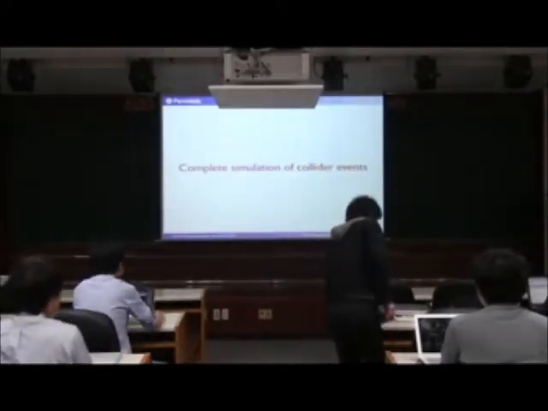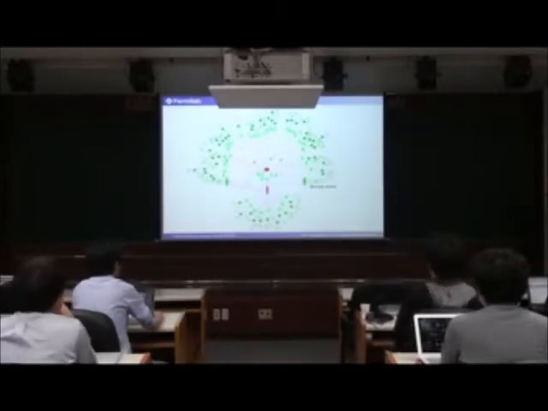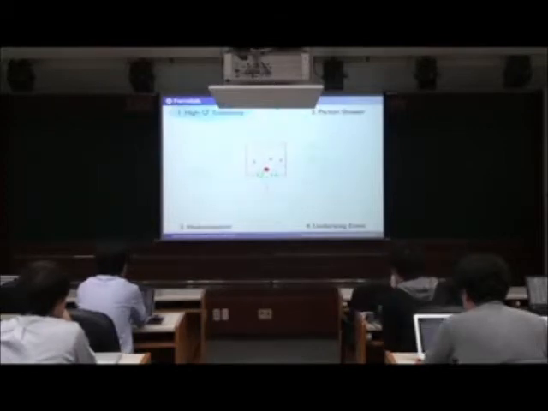Okay, so complete simulation of collider events. This is a very simplified picture of a collider event. We have a number of different stages in how to perform simulation of something like this. First, we have the high Q-squared scattering.